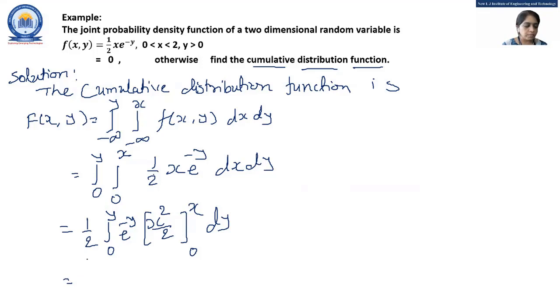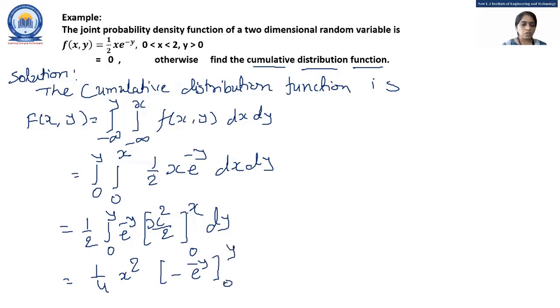So 1/2, this 2 will be cancelled. So here 1/4 x square minus e to the power minus y, 0 to y.